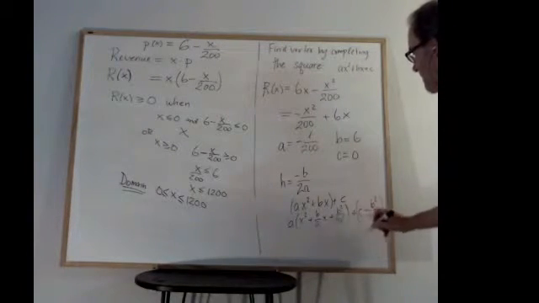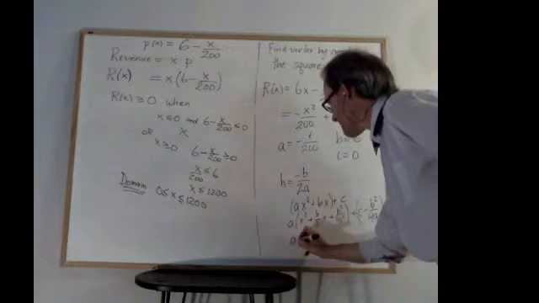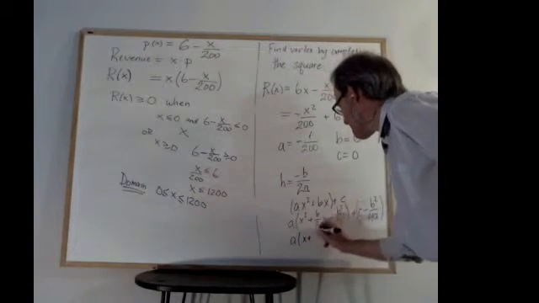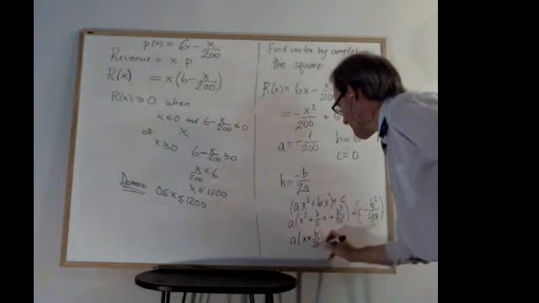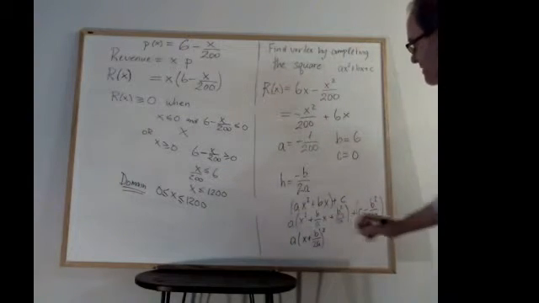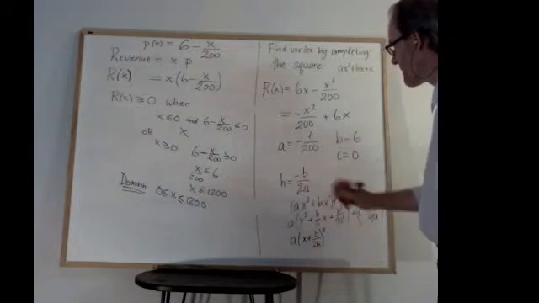You might want to remember that, but the easy thing to remember is x plus b over 2a, squared. So that tells us h is equal to minus b over 2a.